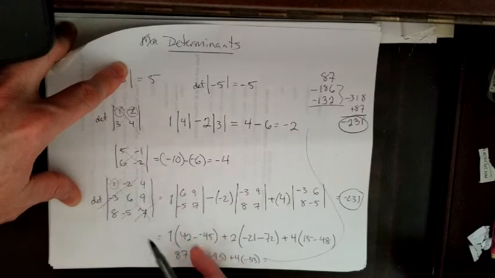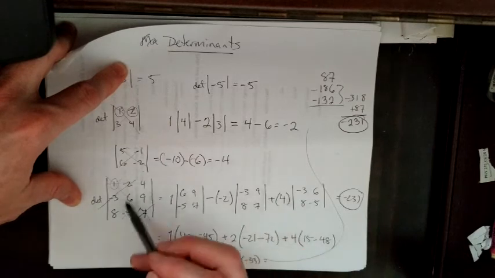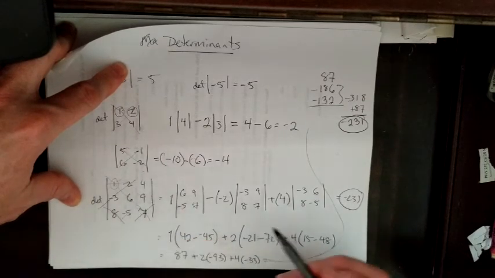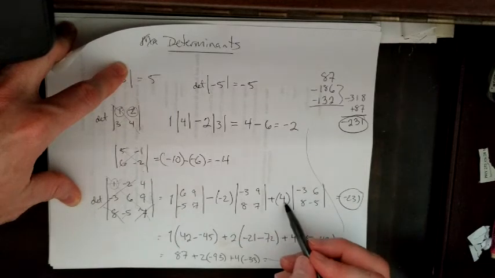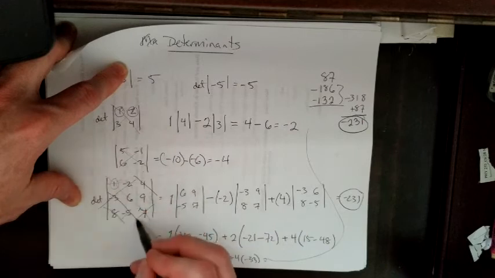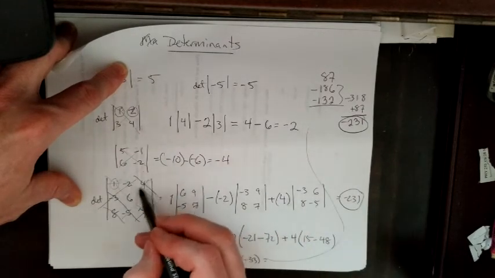I subtracted that product. And I added -2 times 8 times 9, so -2 times 9 times 8. And then I added 4 times negative 3 times negative 5. And I subtracted 4 times 8 times 6, which is that diagonal.